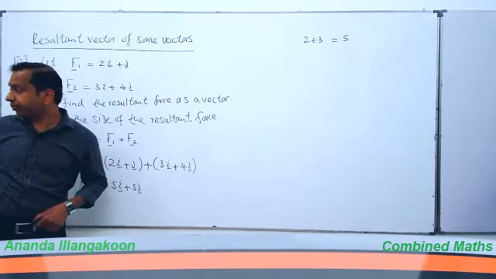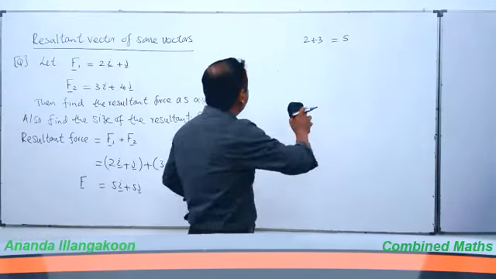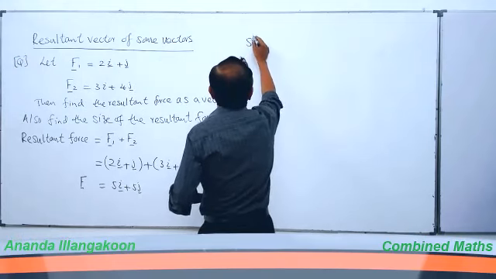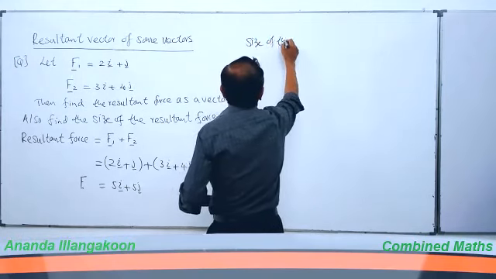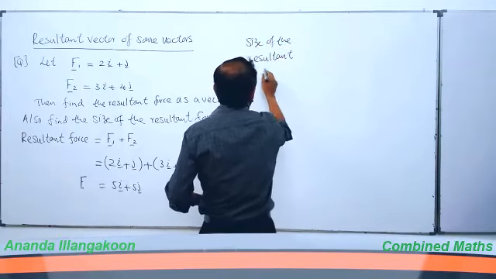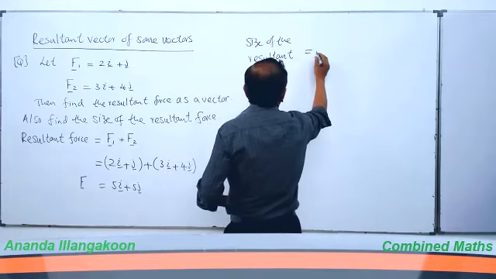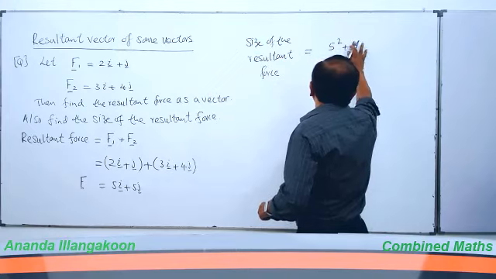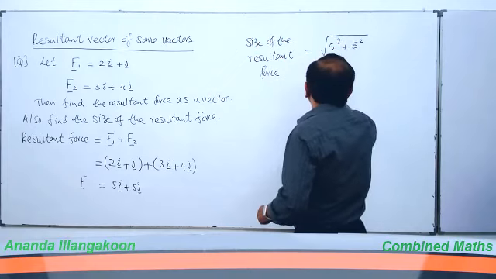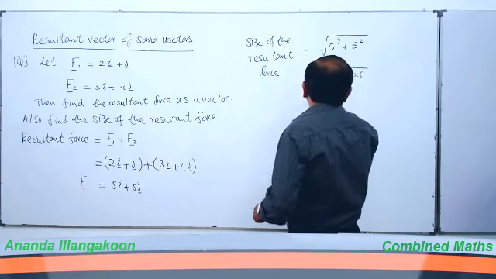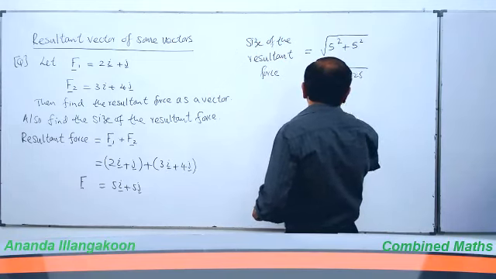Then you can write: size of the resultant force is equal to the square root of 5 squared plus 5 squared. This is 25, this is also 25. It is 50, right?